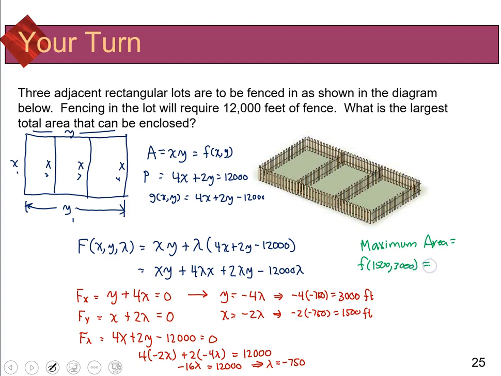And so when I plug that into the function right here, I get 4,500,000 square feet. So that is the maximum area, or the largest total area I can combine.